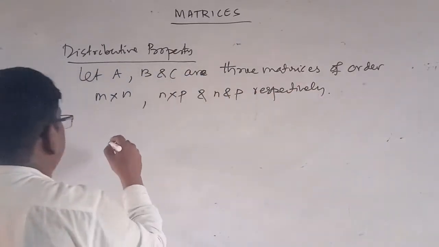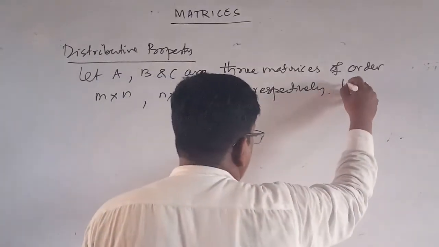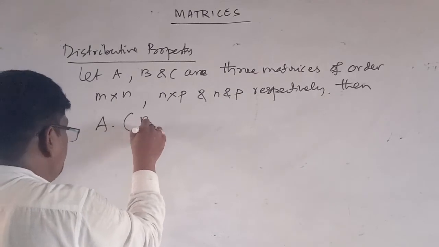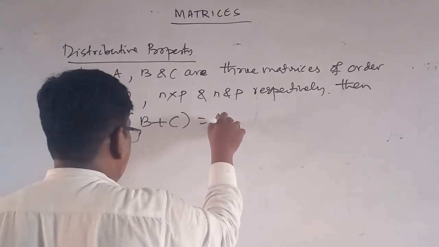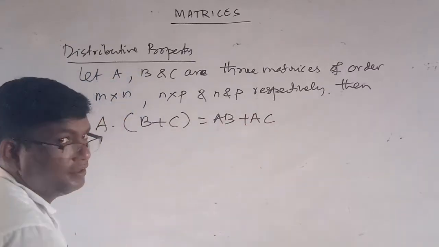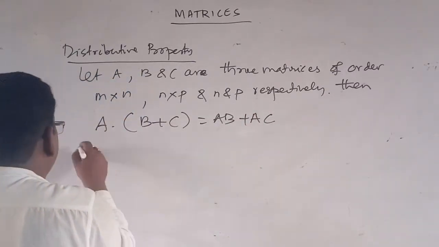Then A into B plus C is equal to AB plus AC.